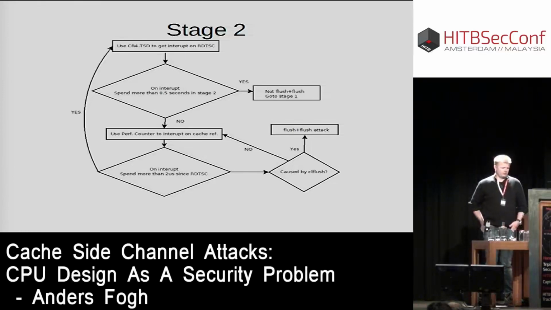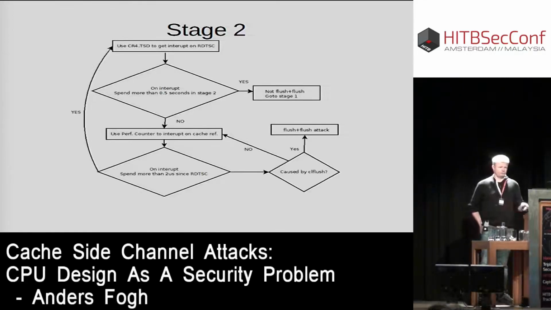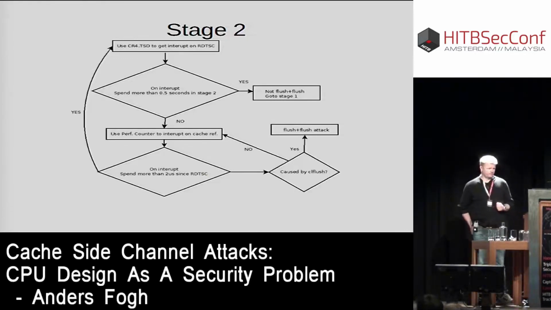Now, when we get an interrupt on the reference event, we'll ask ourselves, did we spend more than 2 microseconds since the last RDTSC? If we did, we know that this particular RDTSC instruction is not part of a CLFLUSH attack, or it's the end of a CLFLUSH attack. So we'll return to the first part of stage 2 and do the next RDTSC instruction.